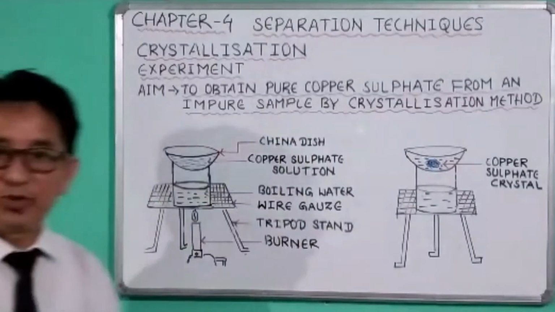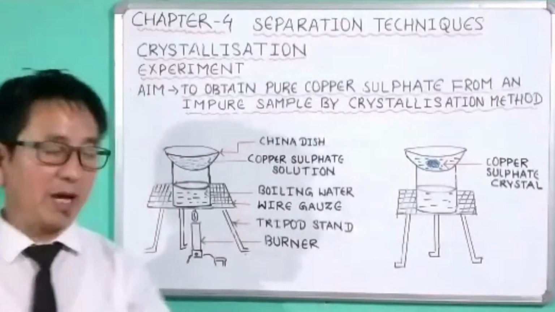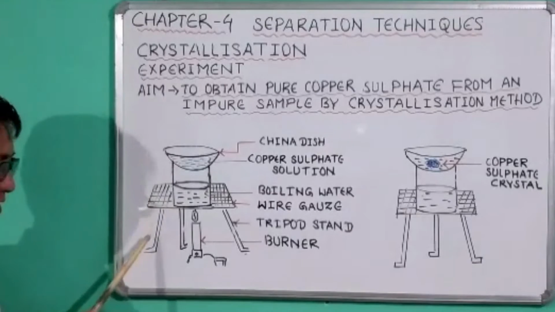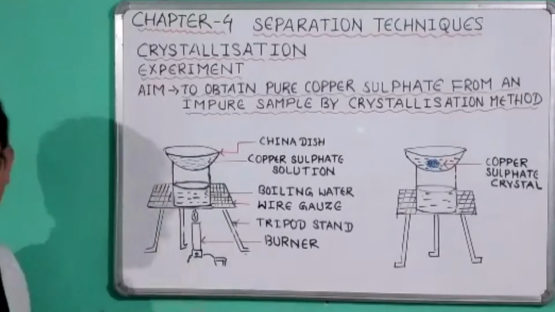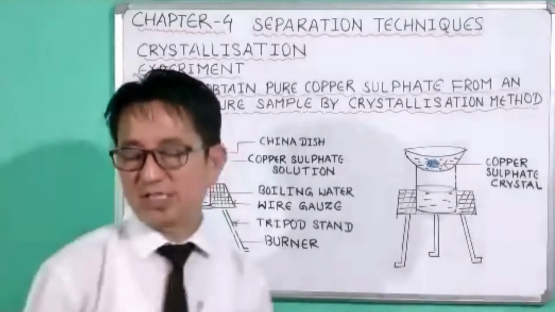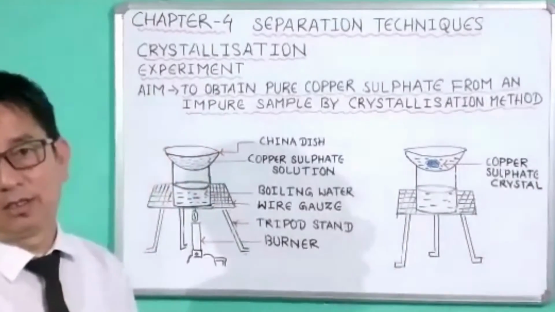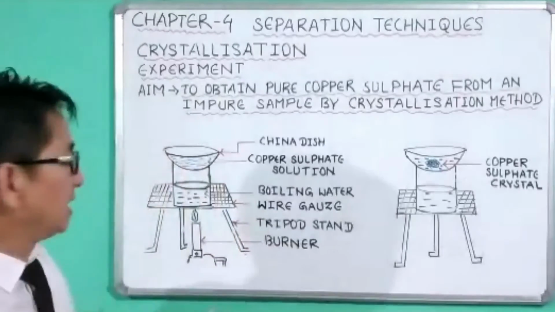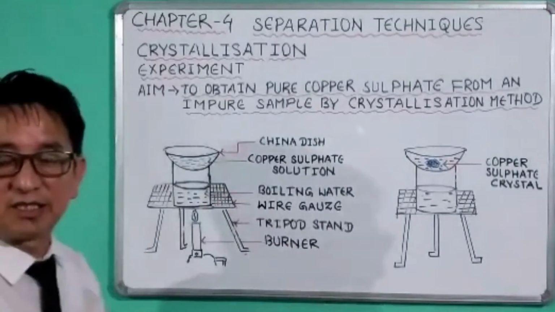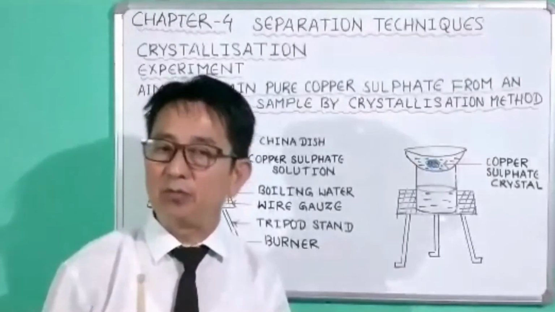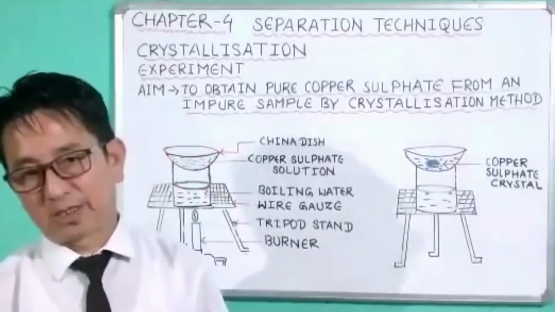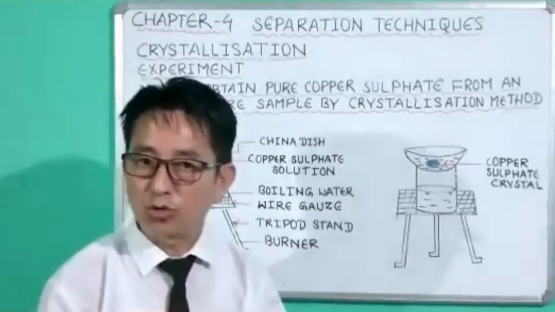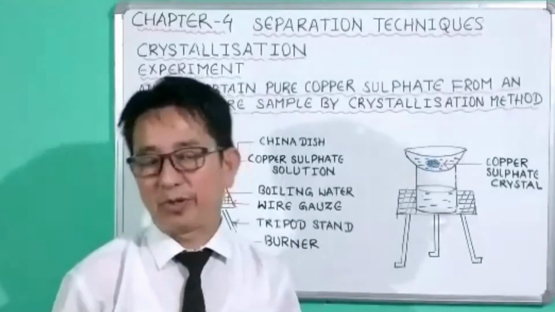For this experiment we need equipment: china dish, beaker, wire gauze, tripod stand, burner, etc. First step, take 10 to 15 grams of impure copper sulfate in a china dish and dissolve it in a minimum quantity of water. Then second step, filter this solution in order to remove insoluble impurities.